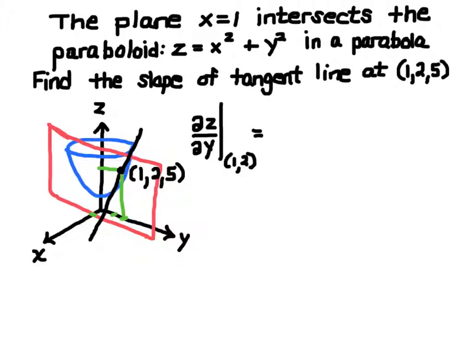Okay, so that's going to be the partial derivative with respect to y of x squared plus y squared at the point 1, 2. And we'll move that one up too.